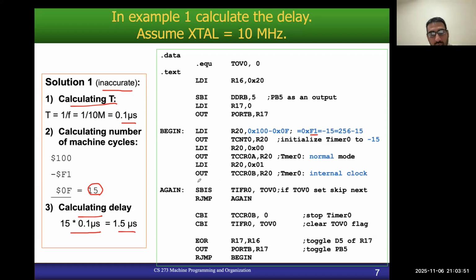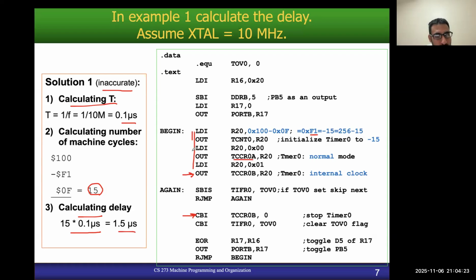We are actually starting the timer at this time point, in this instruction here. And where is the overflow happening? When the overflow happens, we reach this point. But in our program we also have some other instructions. Those other instructions mean we are first putting initial data in these registers, like TC and T0 and control register A.